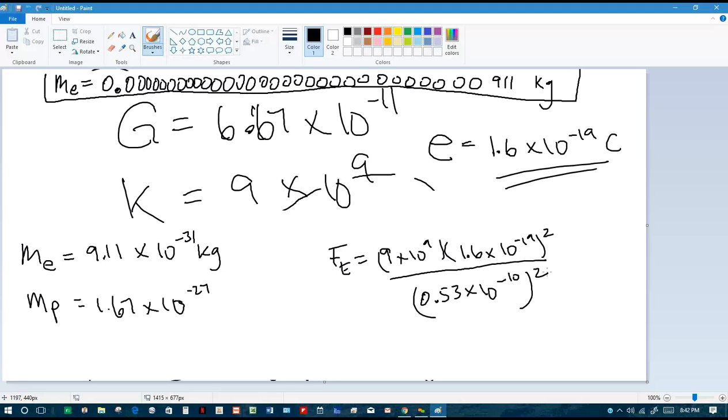Yeah, that's what I got for the electric force. That's what I got from the other. I'm doing the gravitational force right now. Okay.